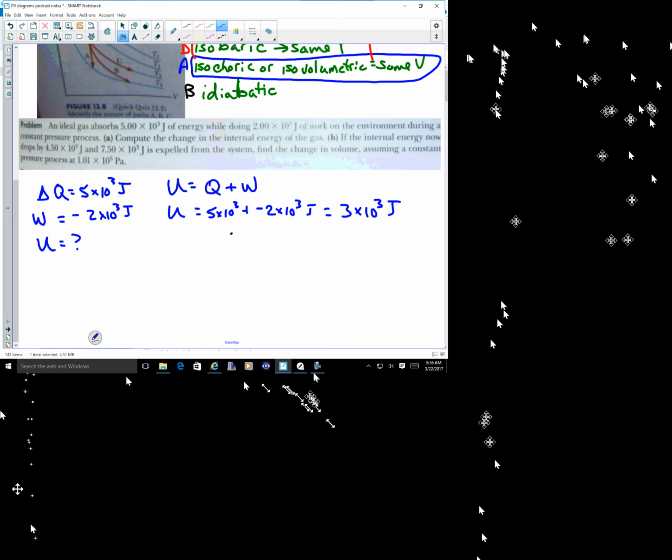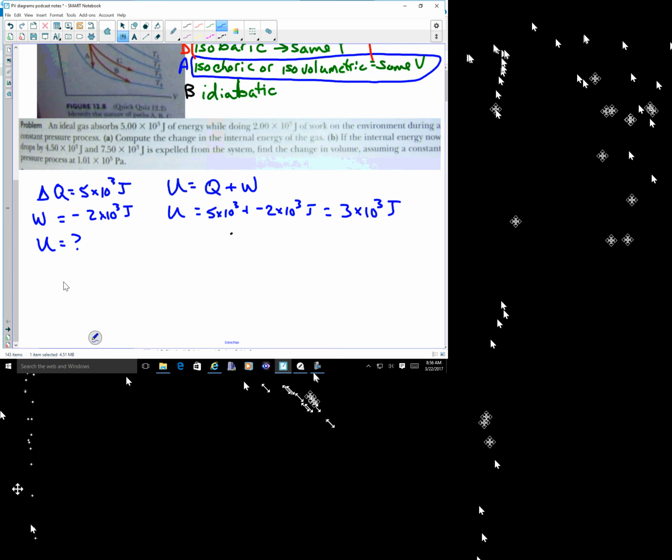Now the next thing it wants to know is this. It gets a little bit trickier. Part B says if the internal energy now drops by 4.5 times 10 to the 3rd joules, and 7.5 times 10 to the 3rd joules is expelled from the system. Let's talk about what those two numbers mean.